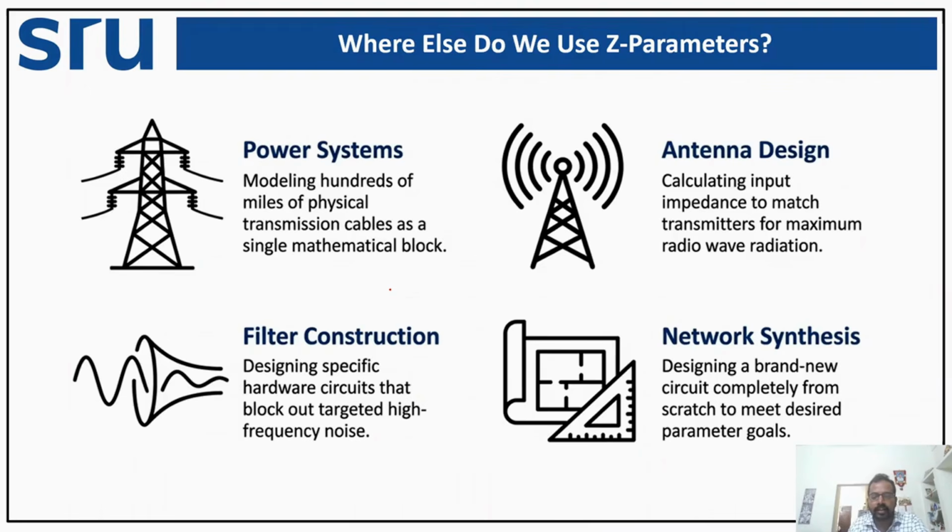Now let us see the other applications. The other application can be found in the power system model. In a large power network, we have a transmission grid. We often analyze the voltage and current behavior between 2 buses, or 2 substations. Instead of analyzing the entire network every time, engineers represent sections of the grid using equivalent 2-port models.